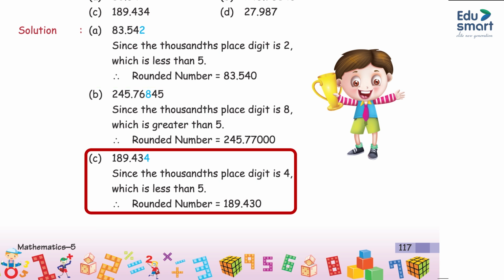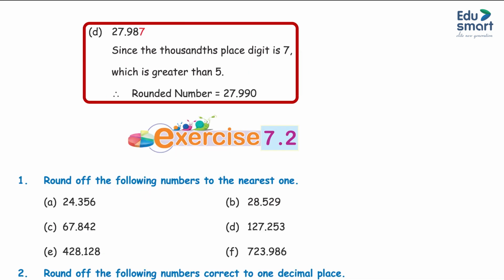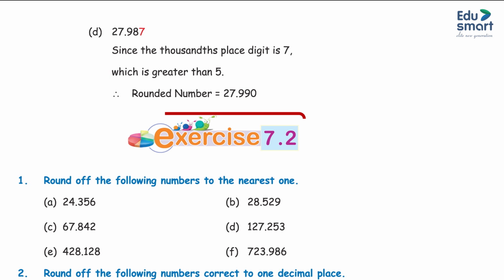C: 189.434. Since the thousands place digit is 4, which is less than 5, rounded number 189.430. D: 27.987. Since the thousands place digit is 7, which is greater than 5, rounded number 27.990.